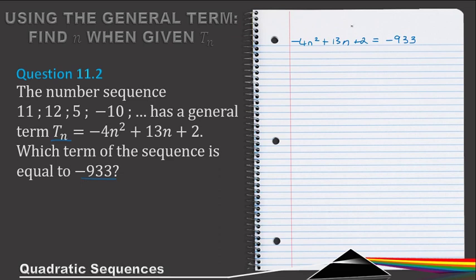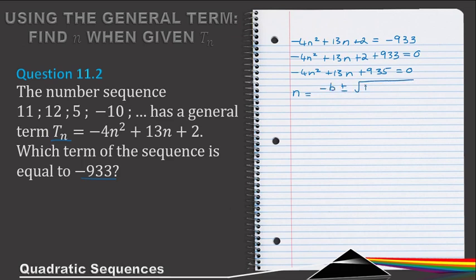And then since this is a quadratic equation, we're just going to put it in standard form. So I have negative 4n squared plus 13n plus 2 plus 933 equals 0. So negative 4n squared plus 13n plus 935 equals 0.